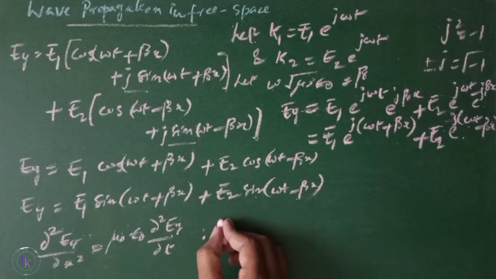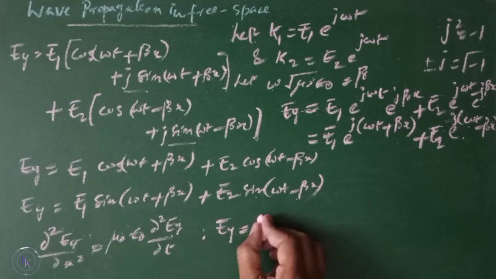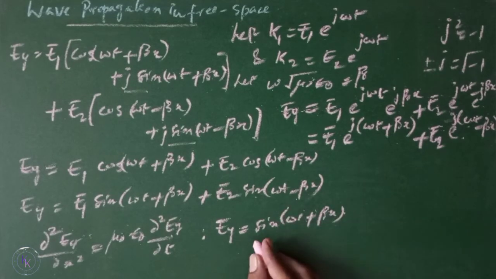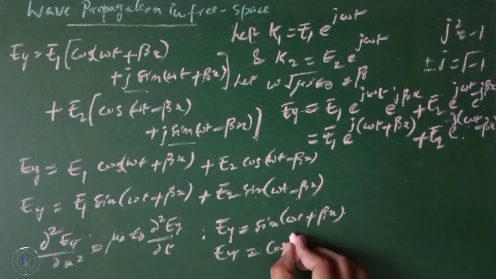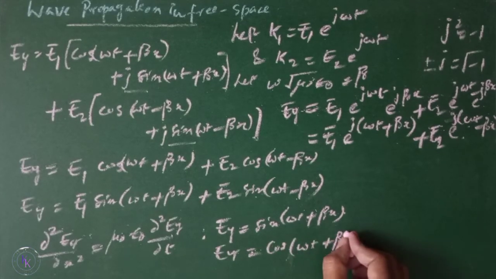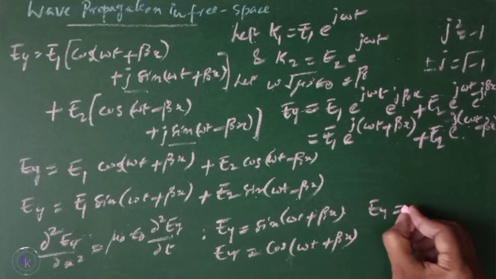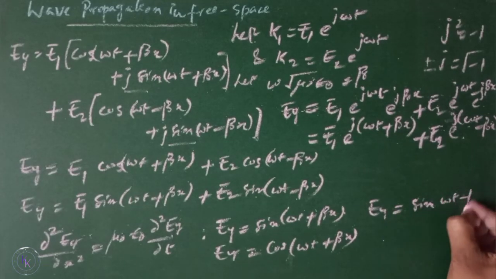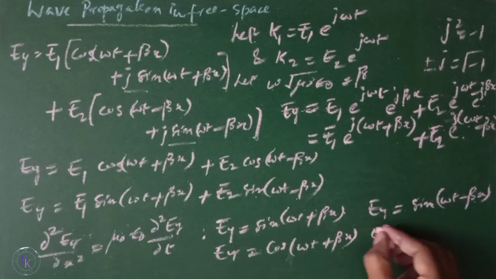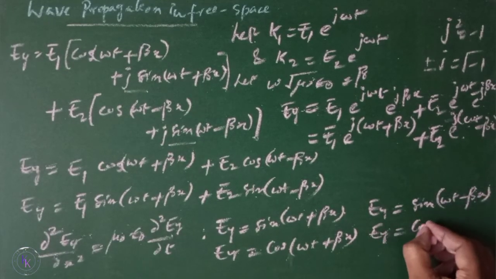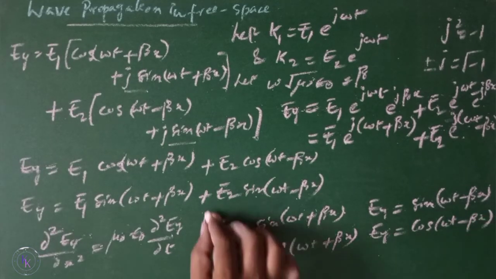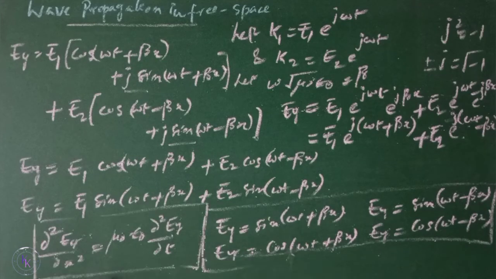Now it can be shown that Ey equals sin of omega t plus beta x, Ey equals cos of omega t plus beta x, Ey equals sin of omega t minus beta x, and Ey equals cos of omega t minus beta x. These are all the solutions for this equation.